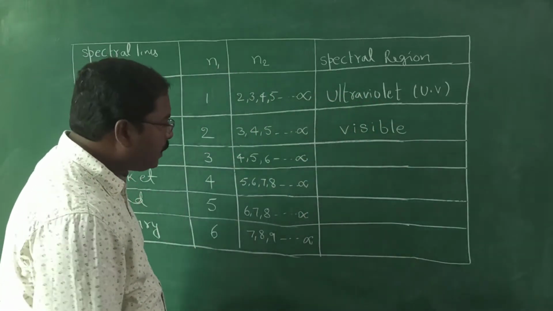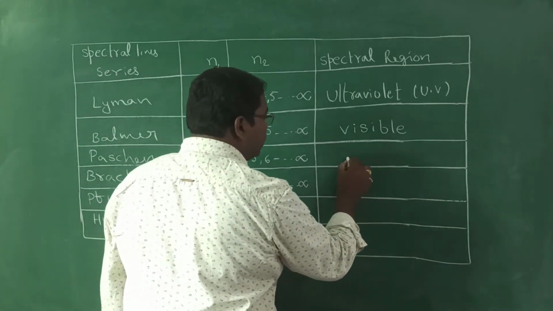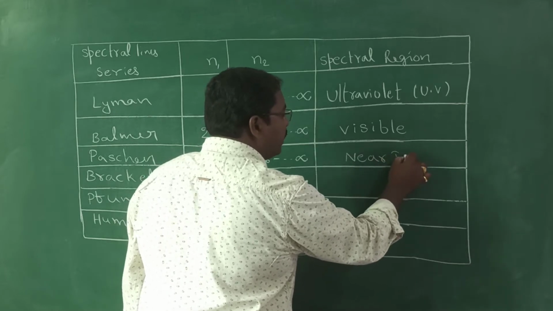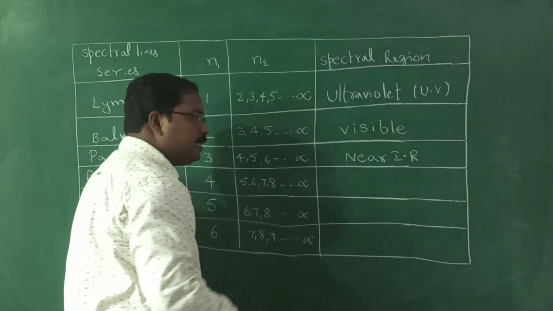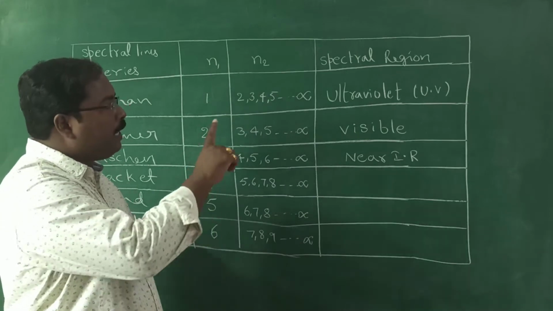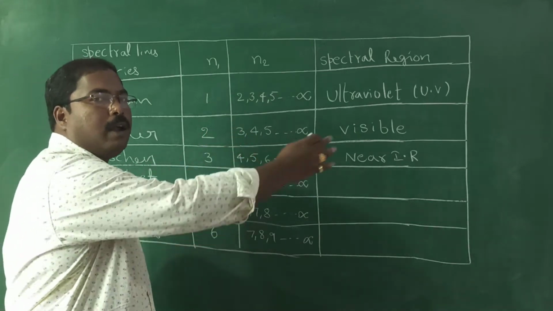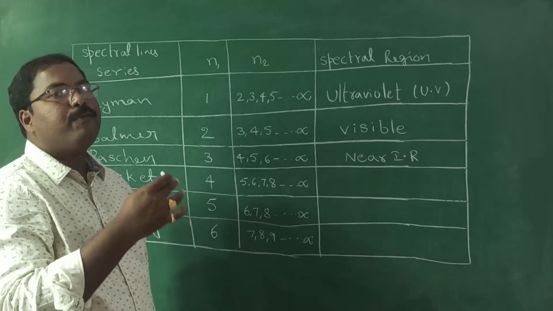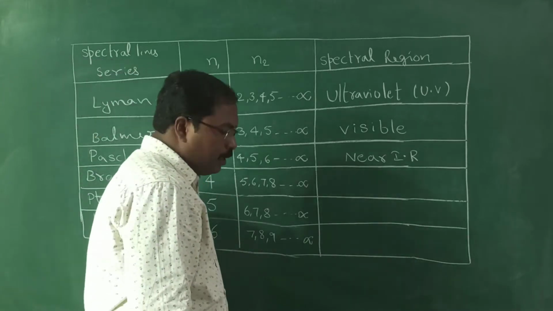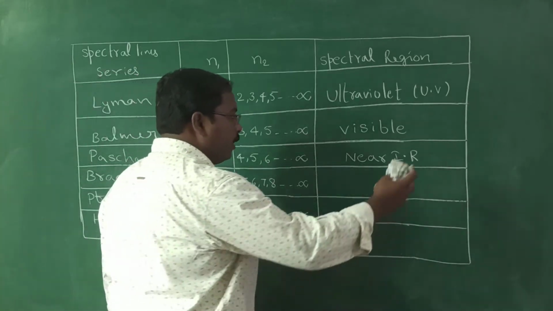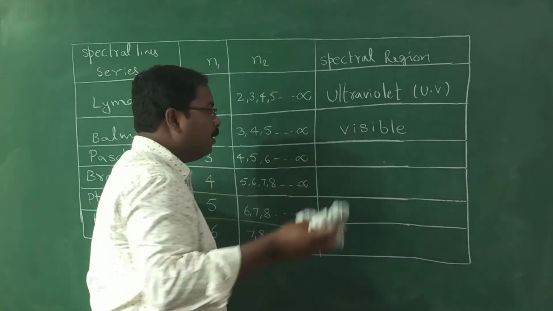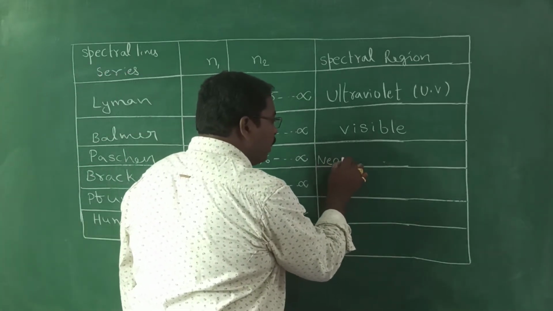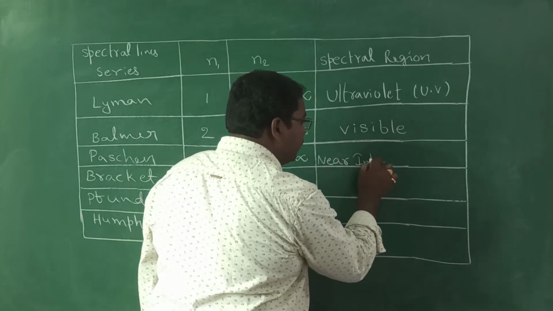Now coming to the Paschen series, it is observed in the near infrared region. Infrared means IR region. UV, visible, IR: we know that order in the case of electromagnetic radiation. I will write clearly. So these are available in the near infrared region.